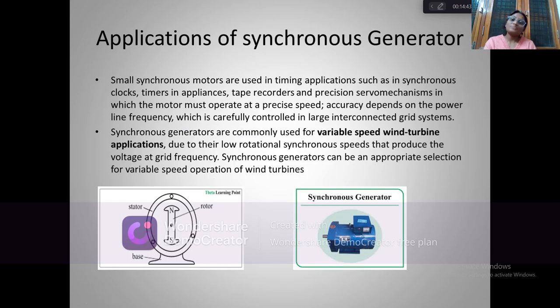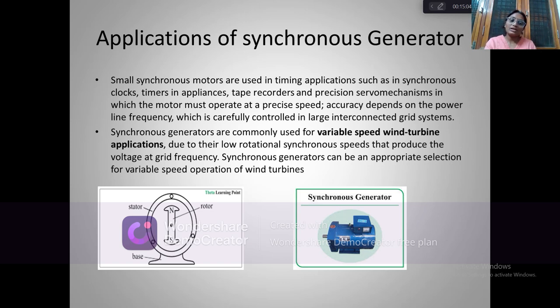When it comes to the applications of synchronous machines, small synchronous motors are used in timing applications such as synchronous clocks, timers in appliances, tape recorders, and precision devices, in which the motor must operate at a precise speed.